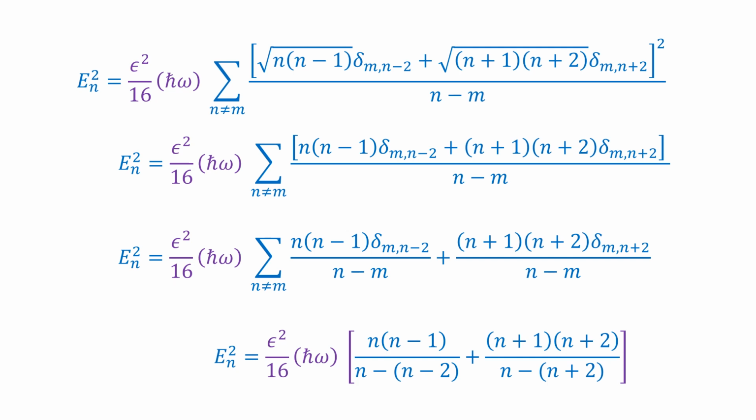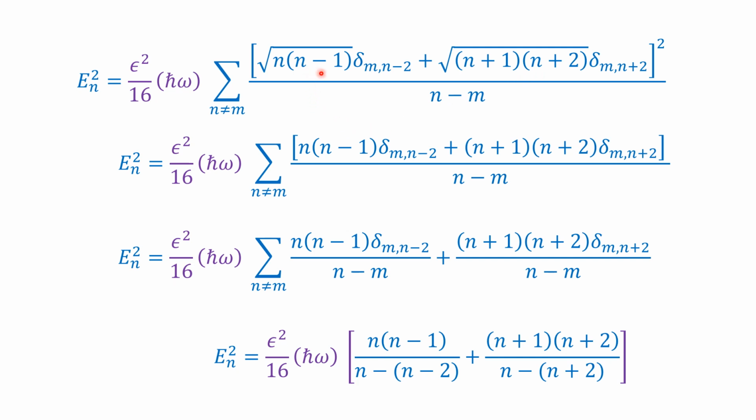Now we got this expression. Here one important point is we have to square it. But see the Kronecker delta condition. Here delta m, n minus 2, here it is m must be equal to n plus 2. So both are independent.